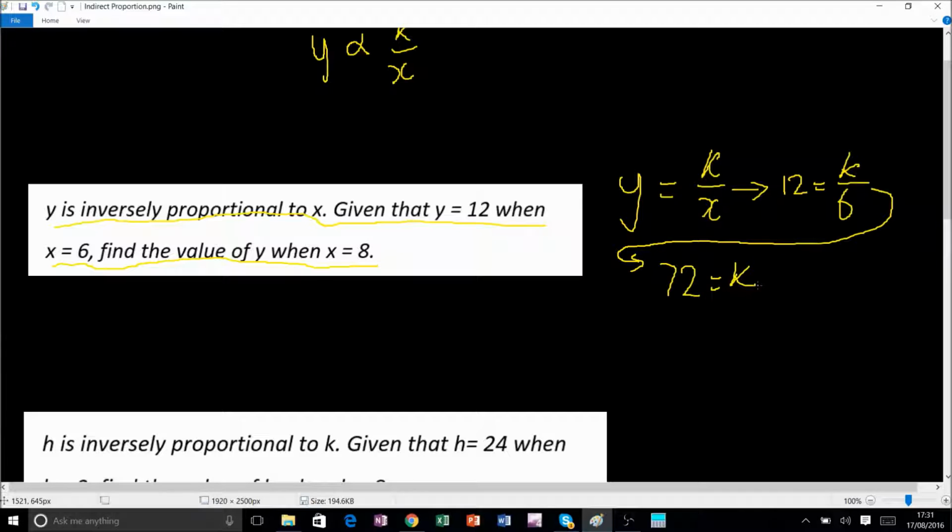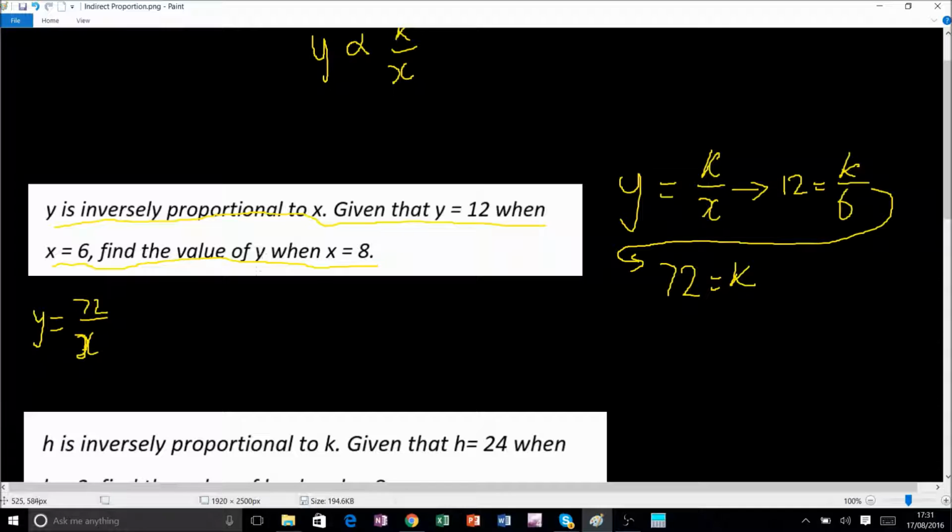Then, writing down our inverse proportional equation properly, it would look like this: y is equal to 72 over x.